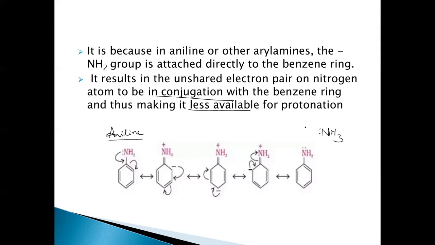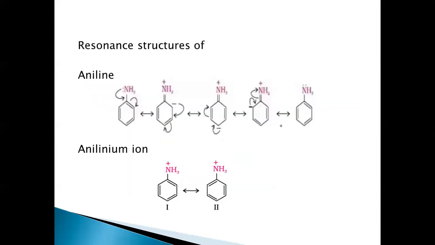This is why anilines or aromatic amines are less basic than ammonia, because basicity is nothing but the ease with which they donate the electrons. If they easily donate the electrons, that one is more basic. Here the lone pair on nitrogen is in conjugation and cannot be donated easily, making ammonia more basic than aniline.